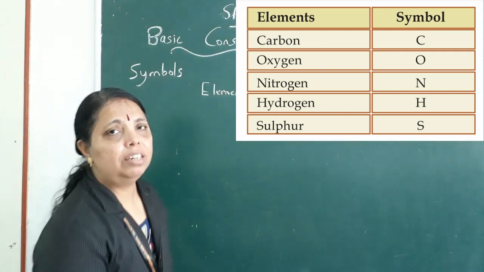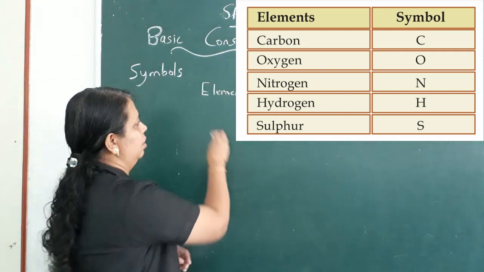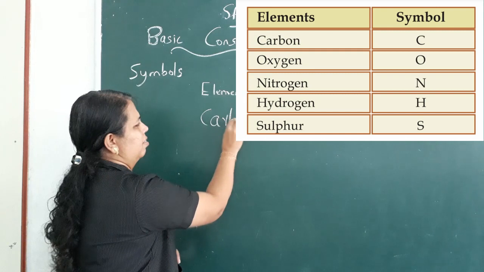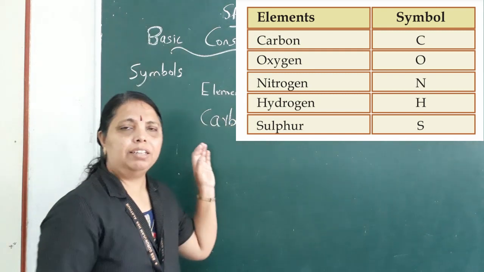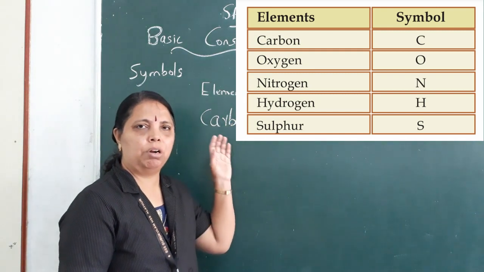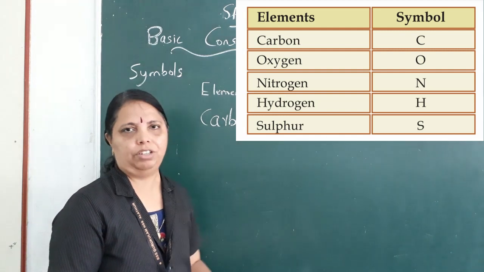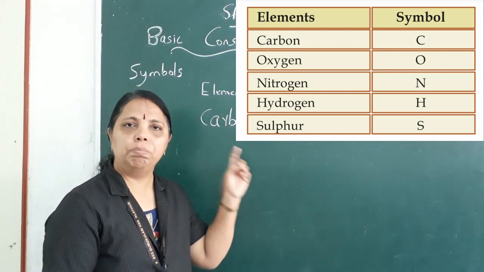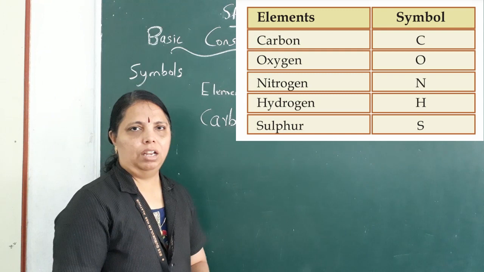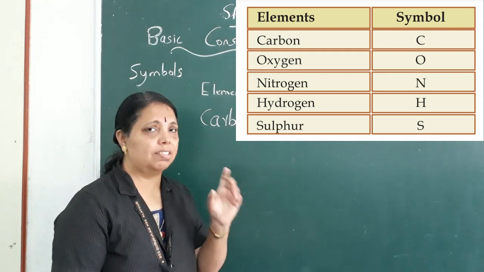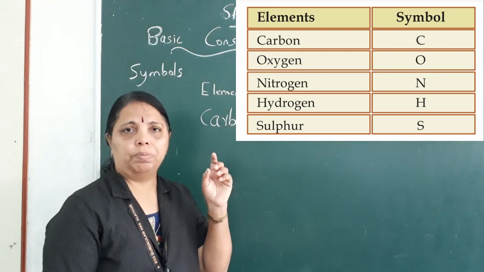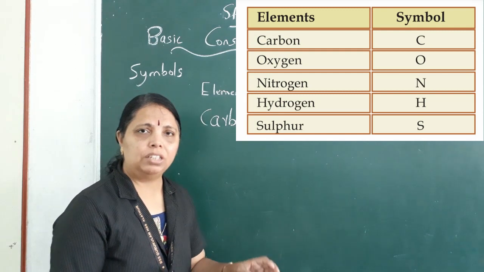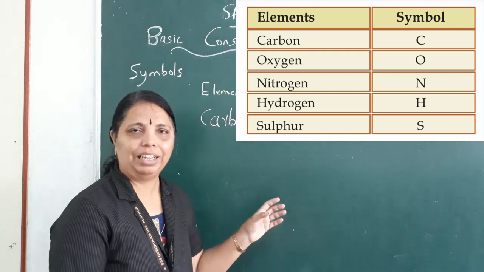Now, the first element given in the book is carbon. It is not easy for us to write carbon, carbon, carbon everywhere. So, what is the symbol for carbon? Last class I told you it was introduced by the Swedish scientist Berzelius, right?